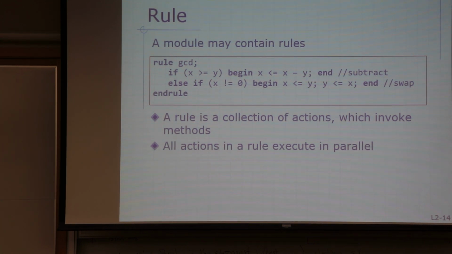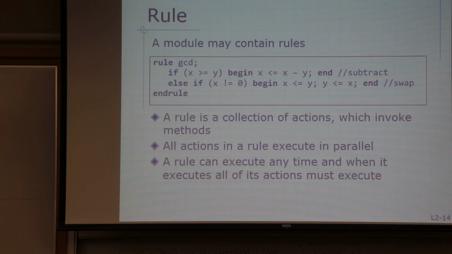It's only visible in the next cycle. So these things stand for register assignments. Whenever you do that, that's when enable will be set implicitly for the register. A rule can execute any time, and when it executes, all its actions must execute. Atomicity, atomicity, atomicity.